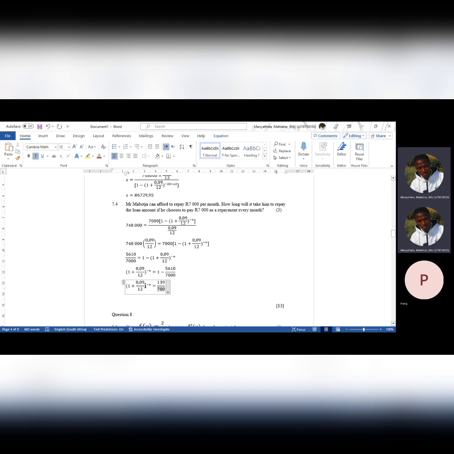So what is 1 plus 0.09 over 12? 0.09 divided by 12.